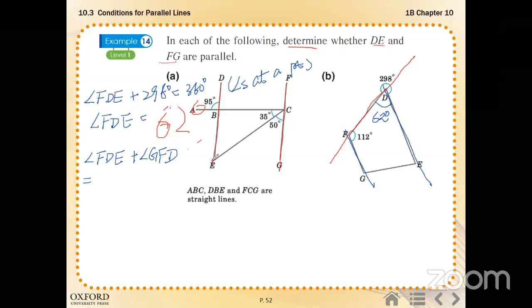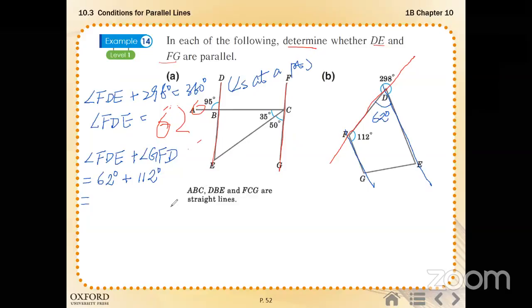Don't write equal 180 degrees. You need to use the values of the angles and do this addition, because sometimes it may not be 180 degrees. But in this case, it is 62, right?